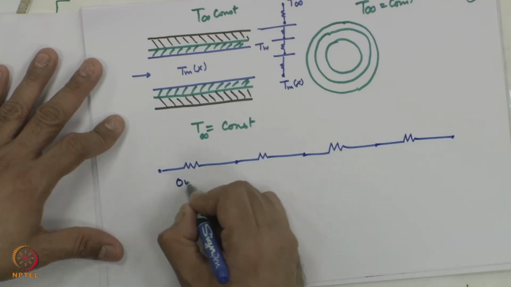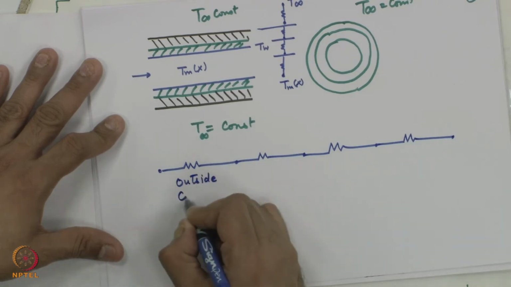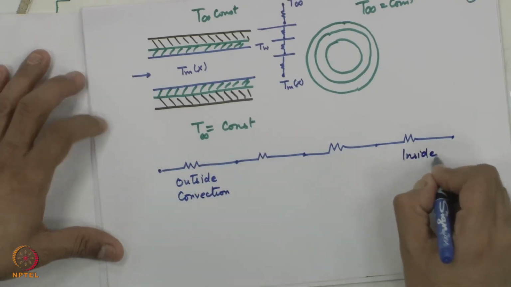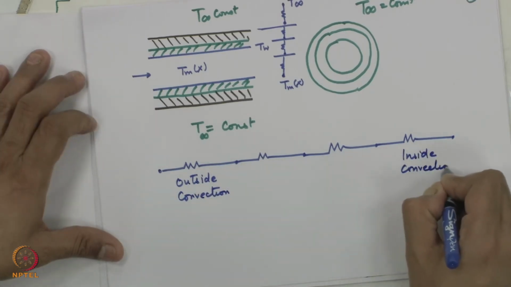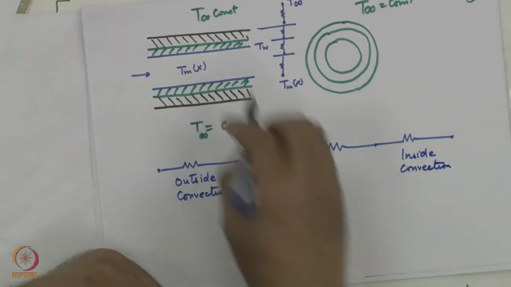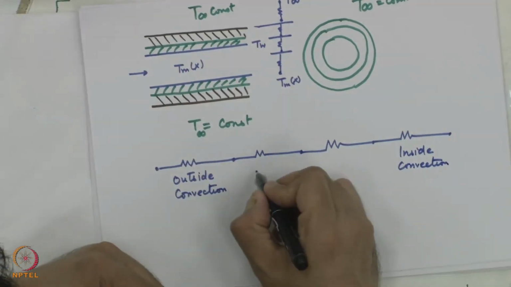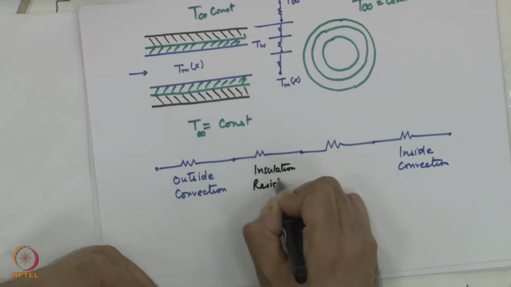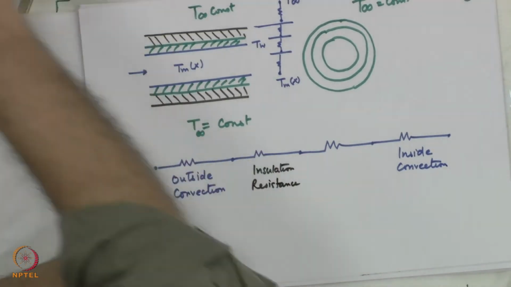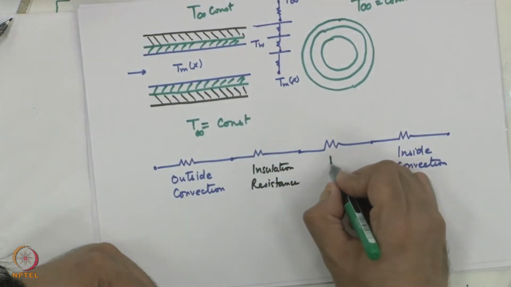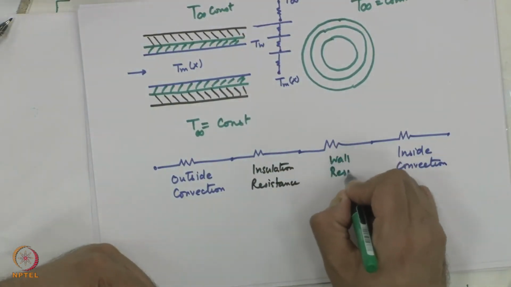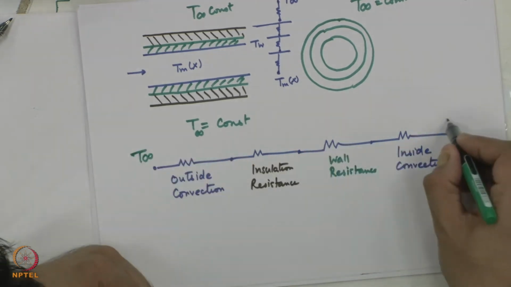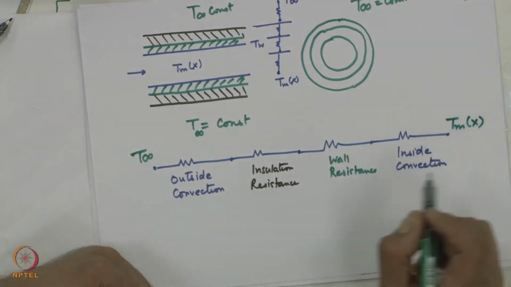This is outside convection, this is inside convection, this is insulation resistance, and this is like wall resistance, and this is T infinity constant, this is T bulk mean local.